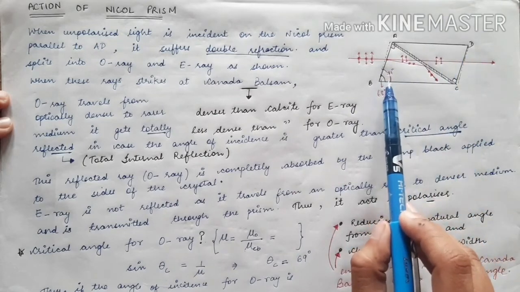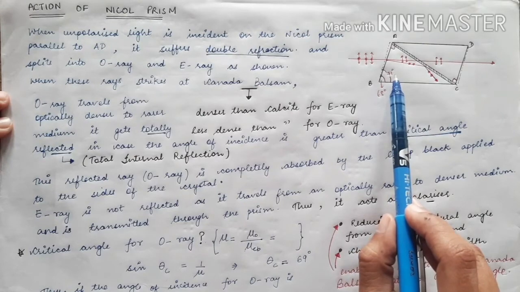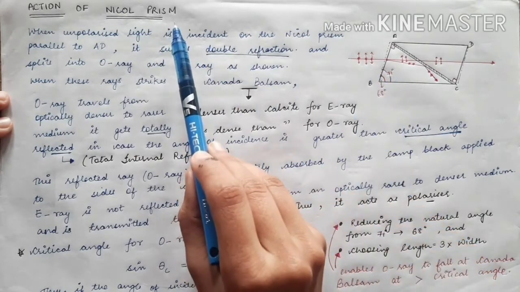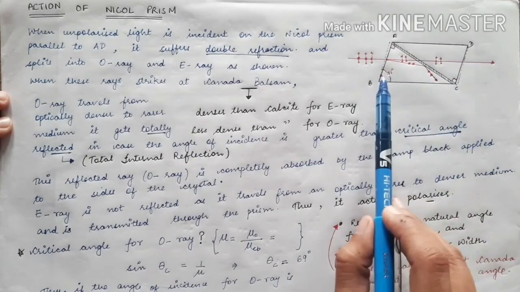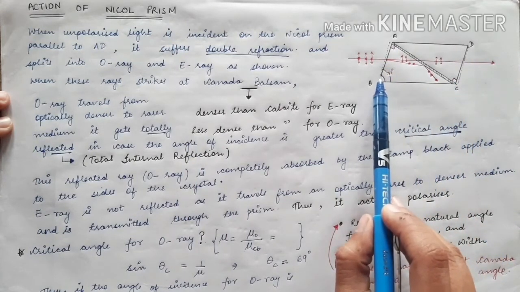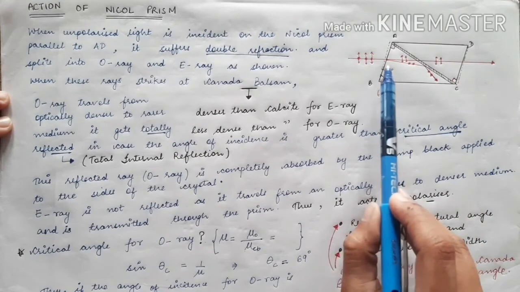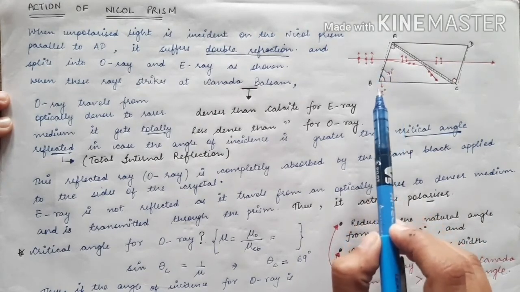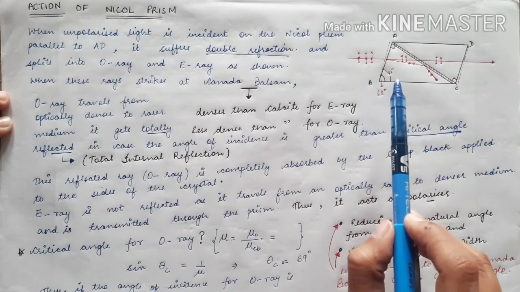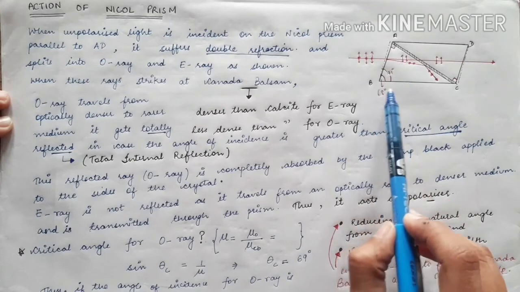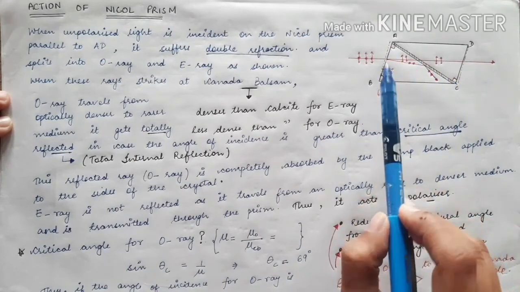The acute angle in a natural crystal is equal to 71 degrees, but for the Nicol prism, we grind and polish these end faces so as to reduce this acute angle from 71 degrees to 68 degrees. This is done for a purpose, and we will see what the purpose of reducing this acute angle is. Also, in the Nicol prism, the length is taken to be about 3 times its width.